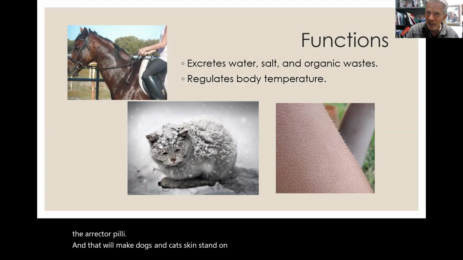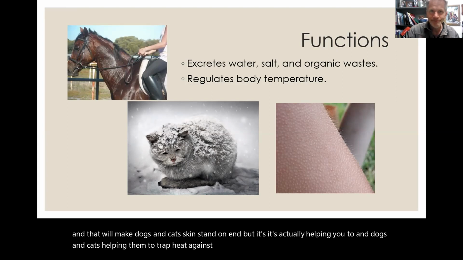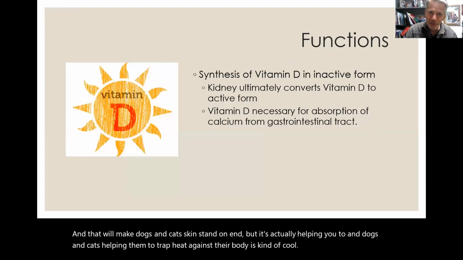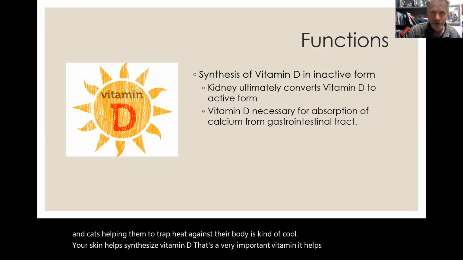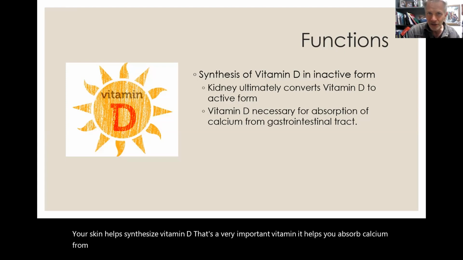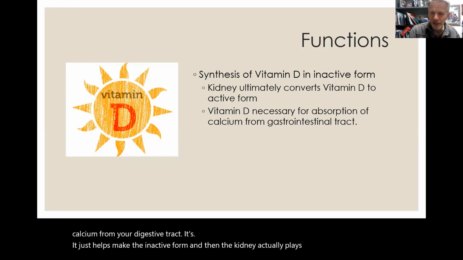But it's actually helping you, and dogs and cats, to trap heat against their body. It's kind of cool. Your skin helps synthesize vitamin D. That's a very important vitamin. It helps you absorb calcium from your digestive tract. It just helps make the inactive form. And then the kidney actually plays a role in converting it into an active form.